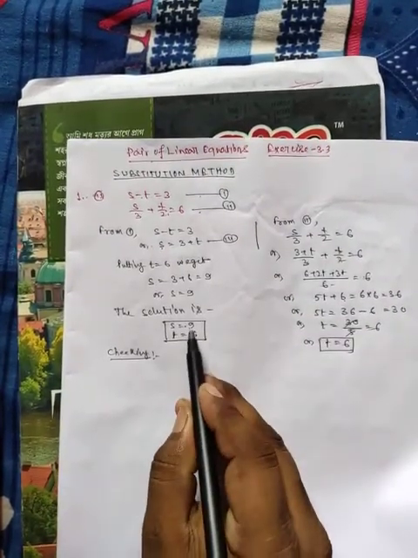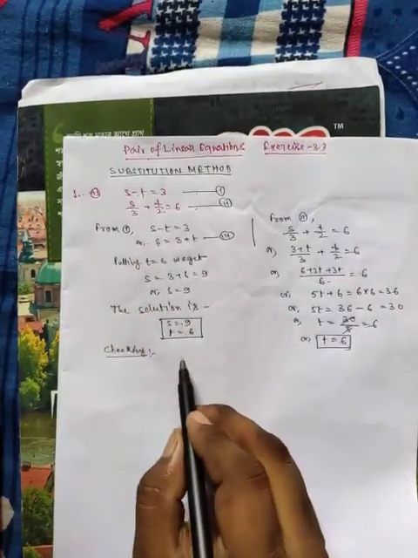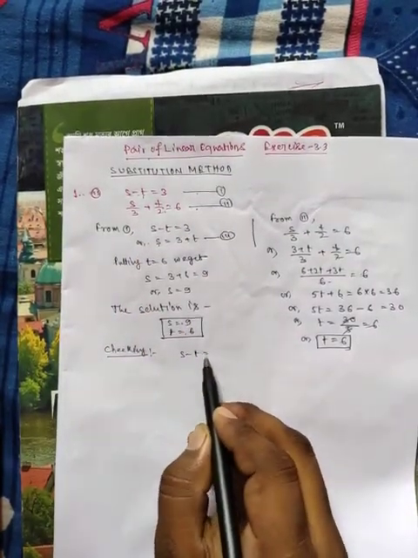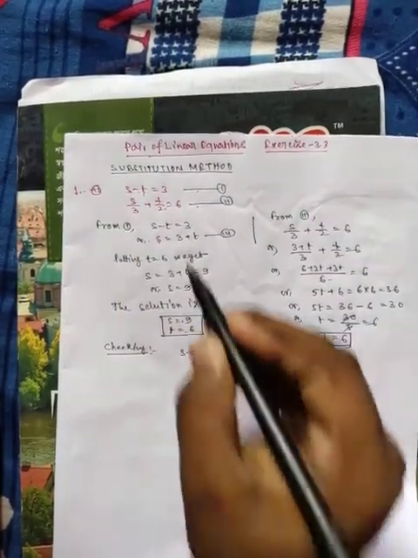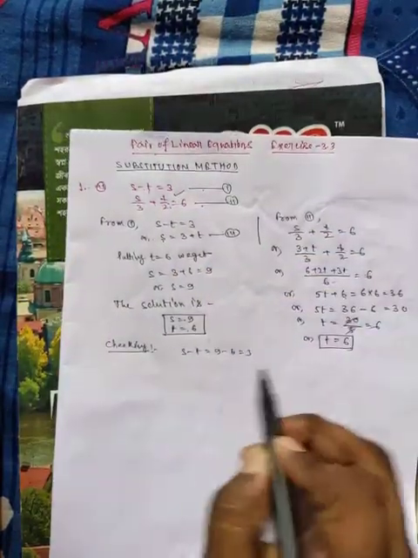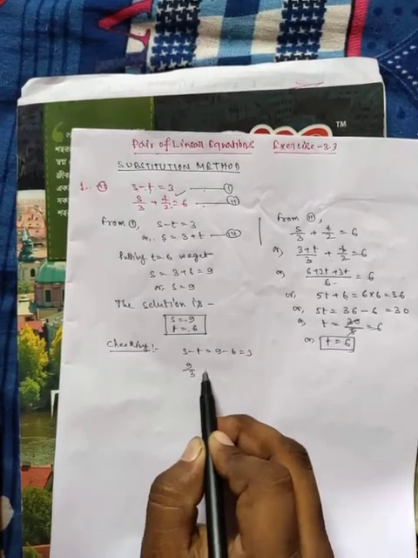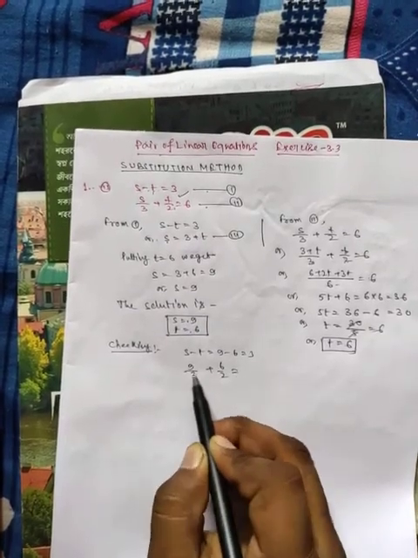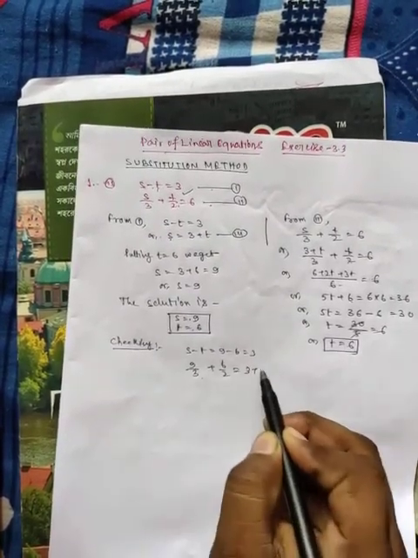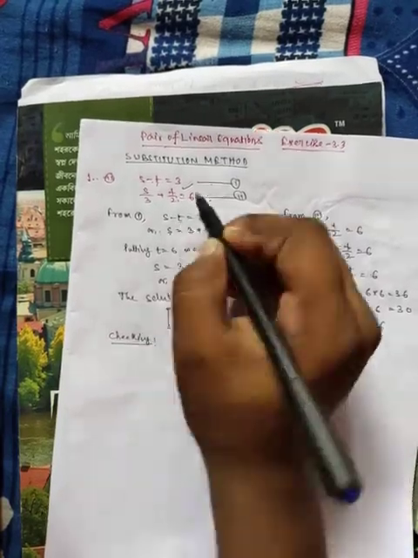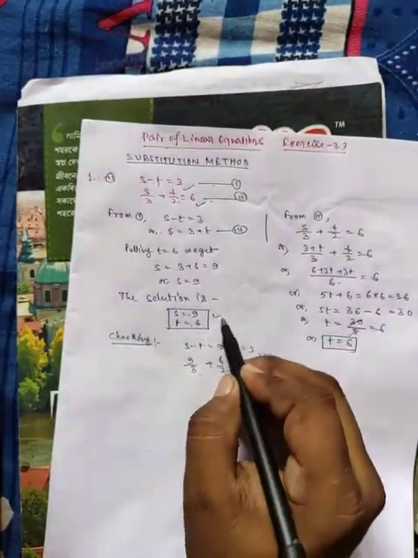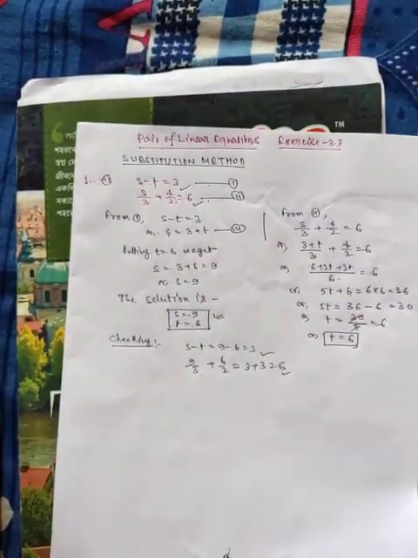Now put the values of s and t in the first equation. So s minus t, that is 9 minus 6, that is 3, which is the right hand side, so you're correct. And 9 by 3 plus 6 by 2, that means 3 plus 3, that is 6. This is also the right hand side of the second equation, so your answer is correct.